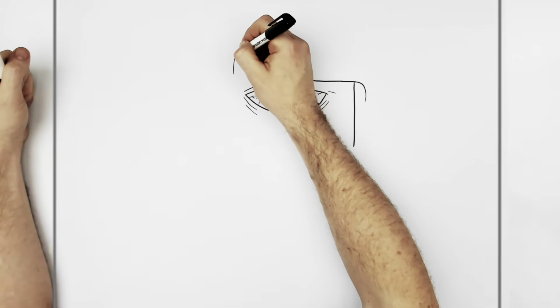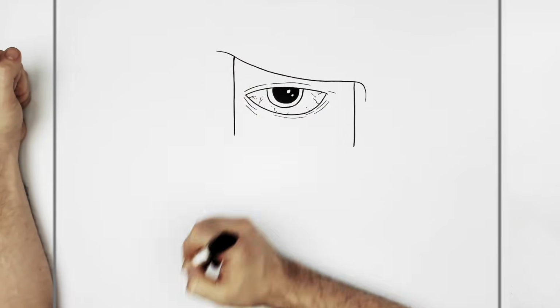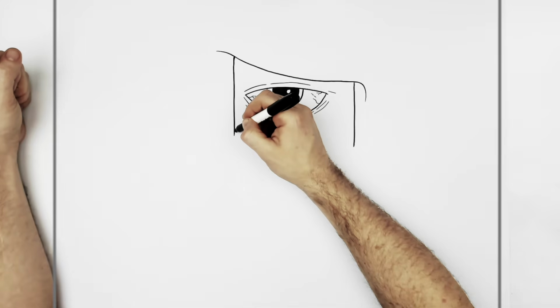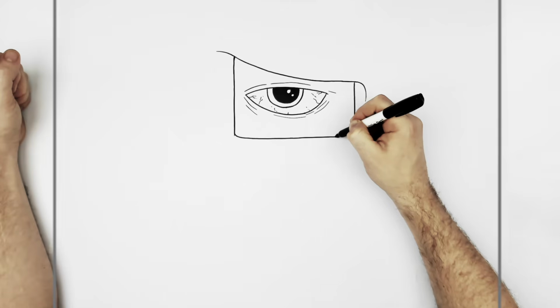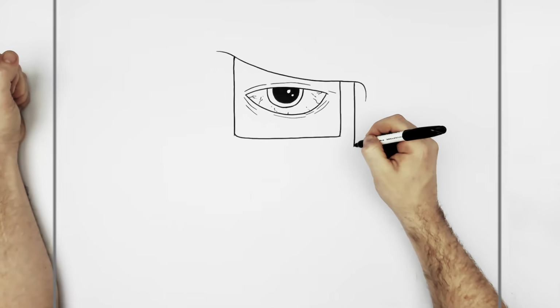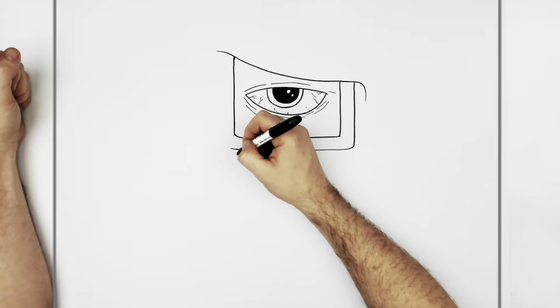Probably the hood should go further there actually. So we'll let this be the screen part. And then we'll go around this way. It's just a square, really.